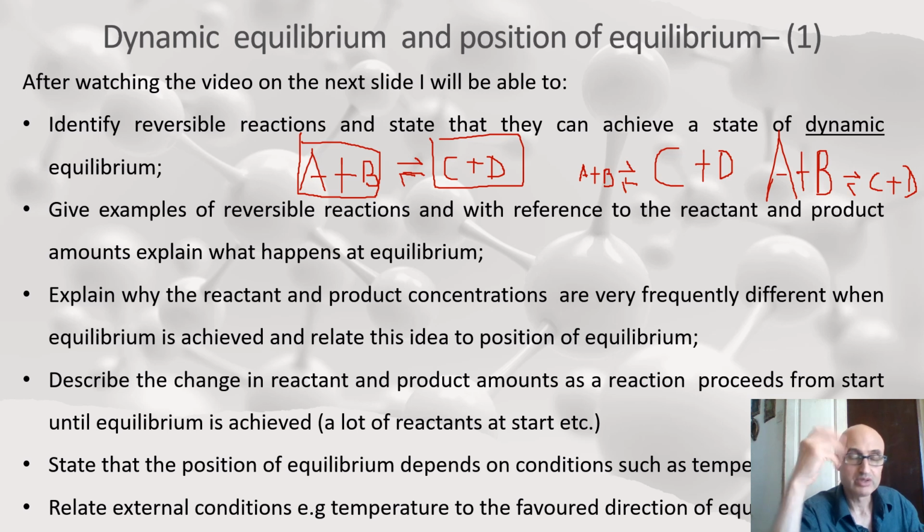We saw, for example, the changeover from bromine liquid to bromine gas and bromine gas going back to bromine liquid. Whilst not a chemical reaction, it is a change in phase and it is a reversible change, and it also can achieve a position of dynamic equilibrium.